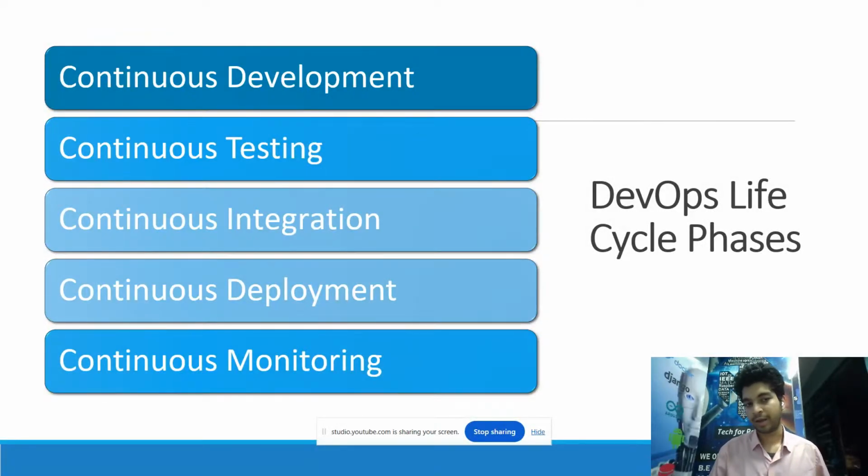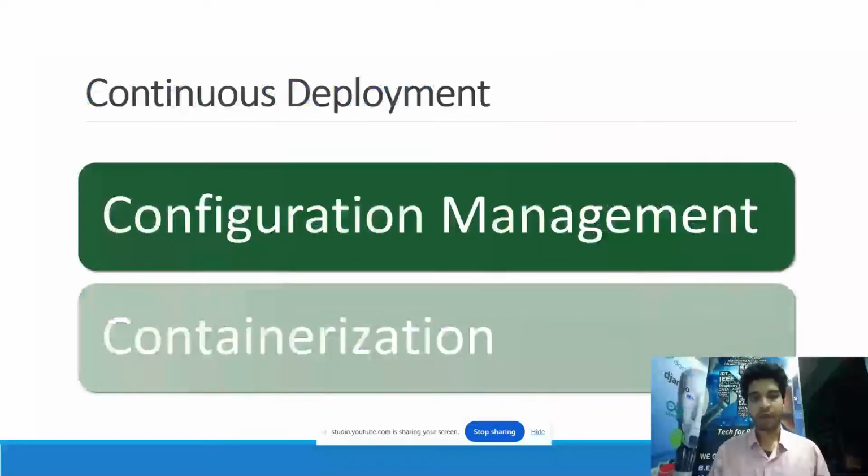As I told you, there are many phases involved: continuous integration, continuous testing, continuous development, continuous deployment, and continuous monitoring. Along with this, there is some subcategorization within continuous development as well. Once your application is completely deployed or hosted on the server, it is also required to do some kind of configuration management.